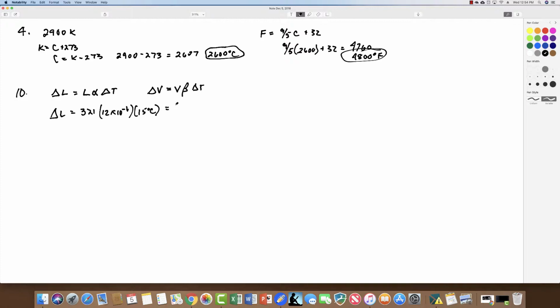And if you do the math here, you get 0.058 meters, or 5.8 centimeters. So the change in height for the Eiffel Tower at the middle of the day when it's hot is 5.8 centimeters taller than at a time when it's cooler.